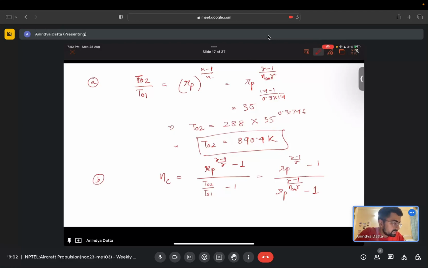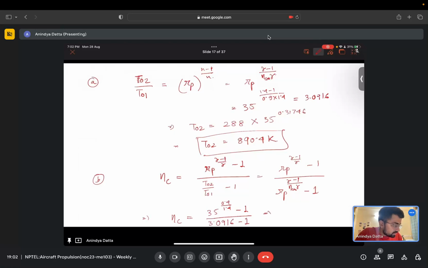Alright. So if we had computed this value here, which is rp to the power (gamma minus 1) by (eta c infinity gamma), this would have come out around 3.0916. So if we now put in the values, eta c will be equal to (35 to the power 0.4 divided by 1.4, minus 1) divided by (3.0916 minus 1).